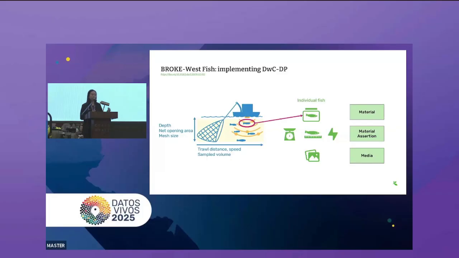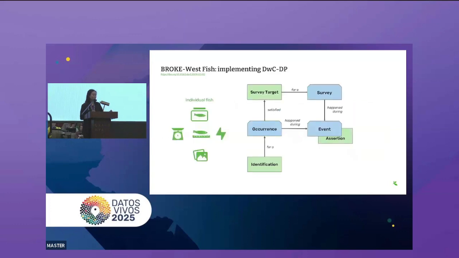They are also photographed. Each of the individual fish were photographed, so we have the media of the material. And here to build on the tables, the materials go here. There is material of an event which serves as evidence for an occurrence, and it also contains the identification as well as the material assertion.